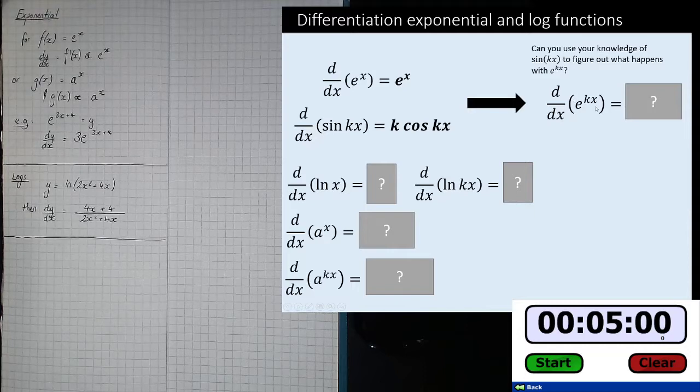So thinking about what would happen here, we said that the derivative of that power comes to the front of our exponential. So I should get k e to the kx. Okay, and that's where some of this proportionality comes into play. That's where some of our multiples come into it.